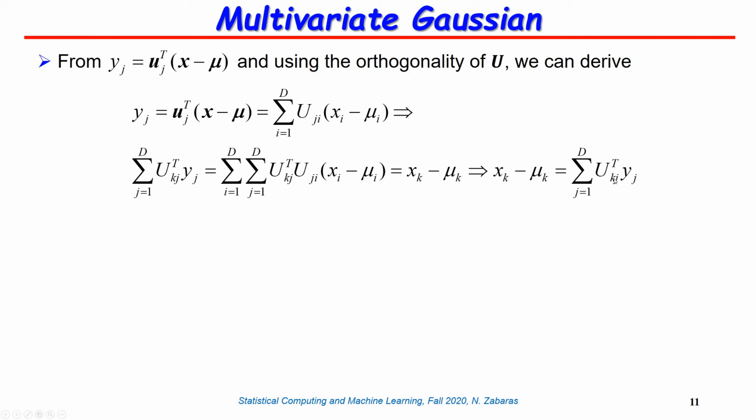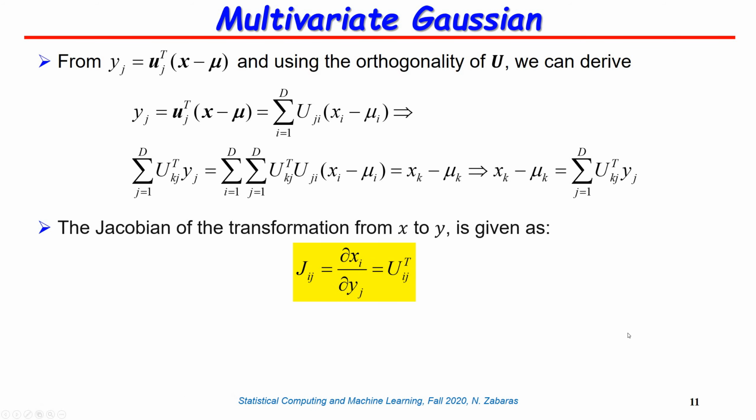Now, take the Jacobian of the transformation, del x over del y. You can guess where I may need this Jacobian, because at the end of the day I would like to produce the probability p of y starting from p of x, which we know is a multivariate Gaussian. This Jacobian can be written explicitly by taking derivatives from this equation: the ij element of the Jacobian is the ij element of U transpose.